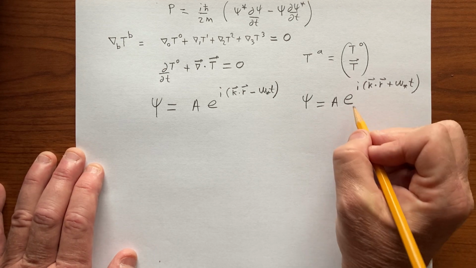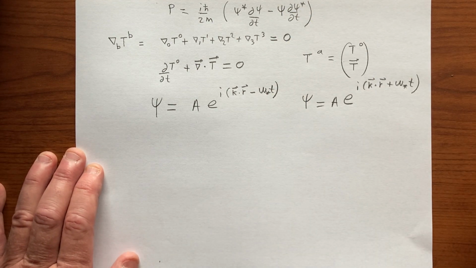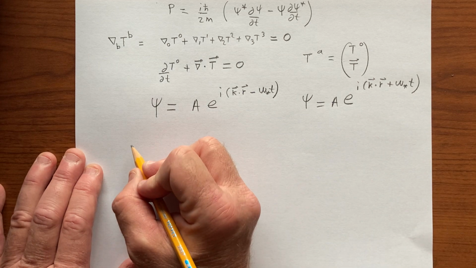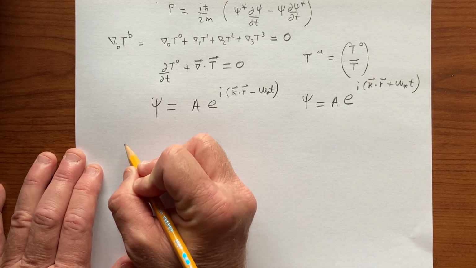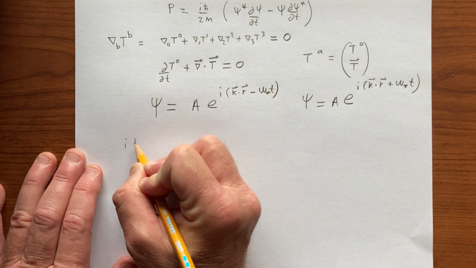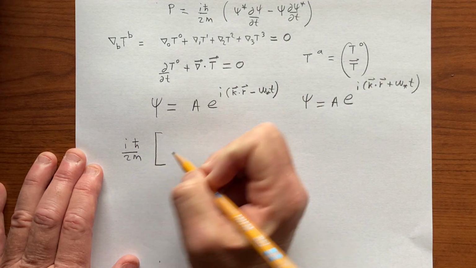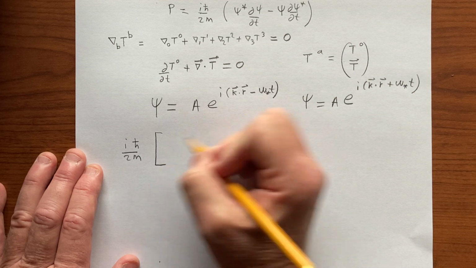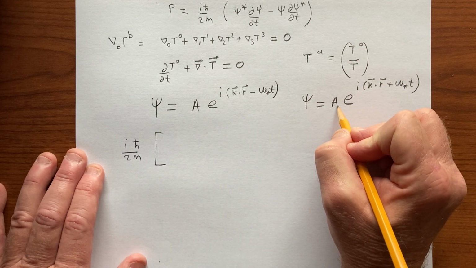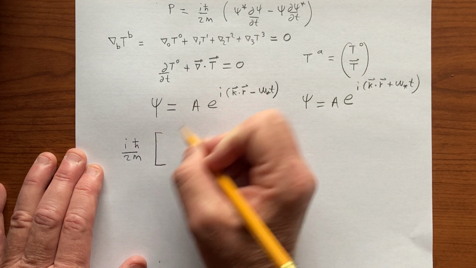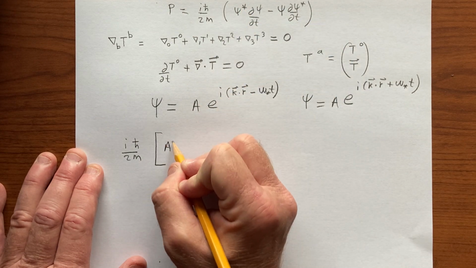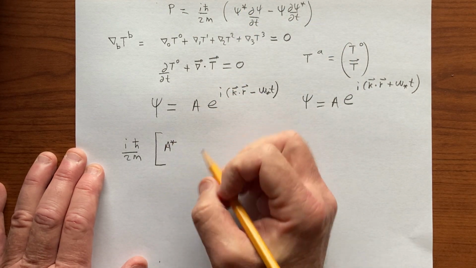And so let's plug this into here, and let's see what we get for the probability density. We have i h bar over 2m times, this could be a complex quantity, so we have an A star, the complex conjugate of that.